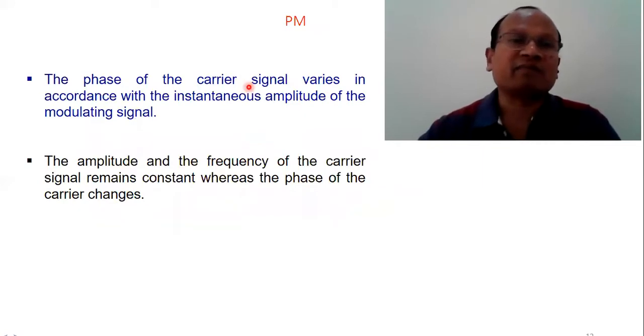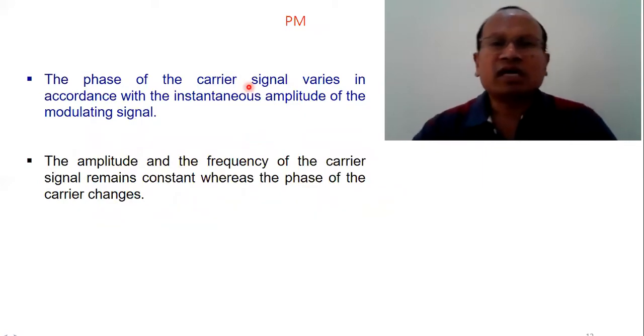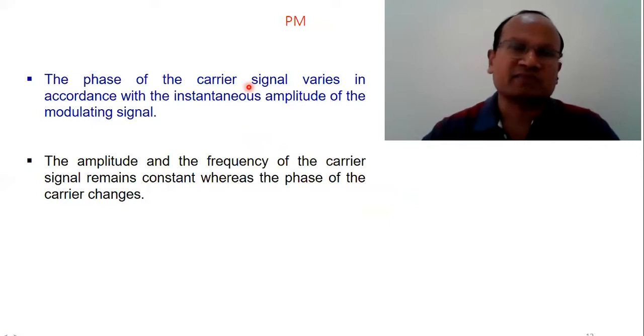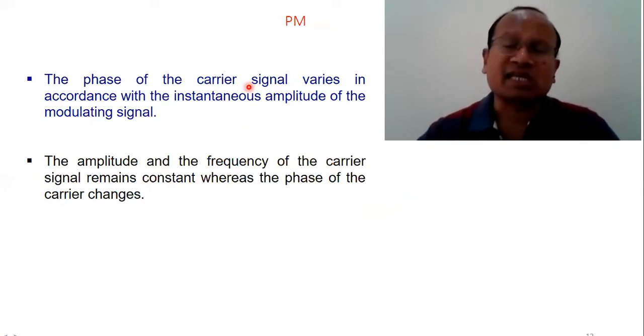Now, as we are talking about angle modulation, phase modulation also plays an important role, where the phase of the carrier also changes according to the message signal. The amplitude and frequency of the carrier will remain unchanged. Rather, in fact, the carrier changes, but the phase will mainly change.